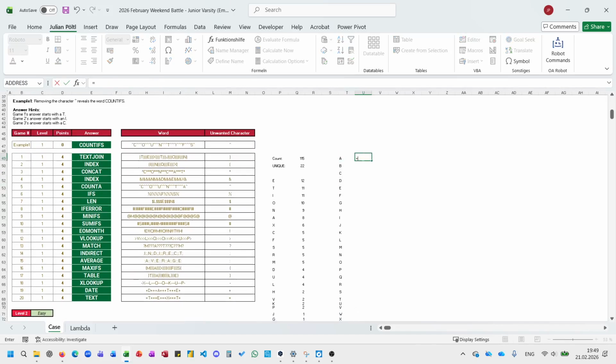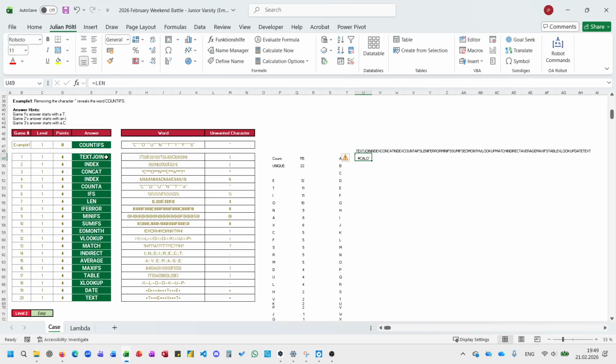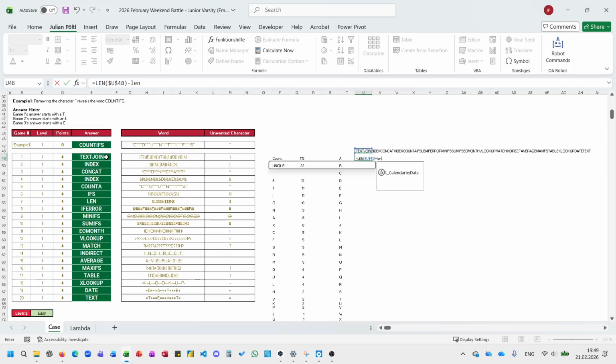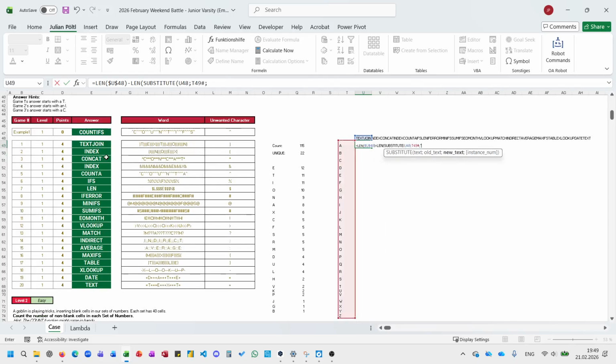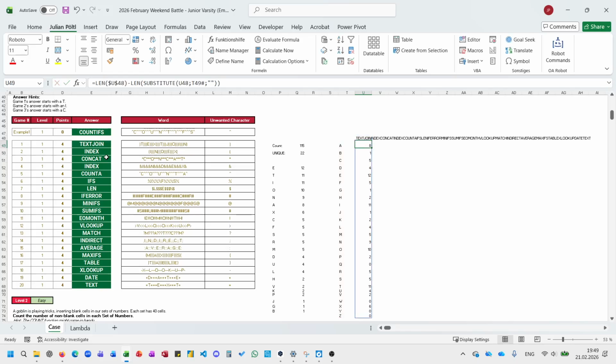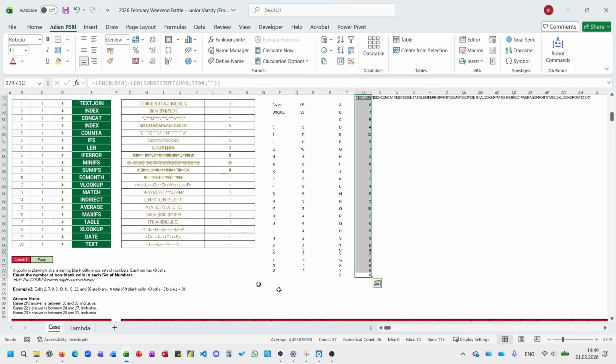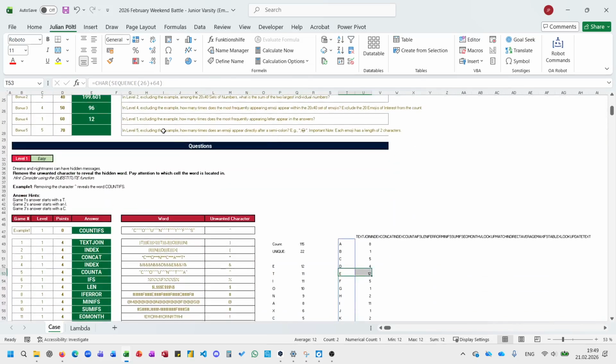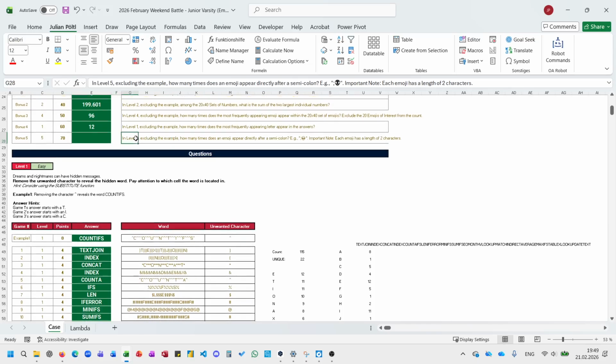And then you concat all of this. And then len of this minus len substitute this against nothing. And then you also see E is 12. So here maximum is 12, which is E. So same, but a little bit more to do.